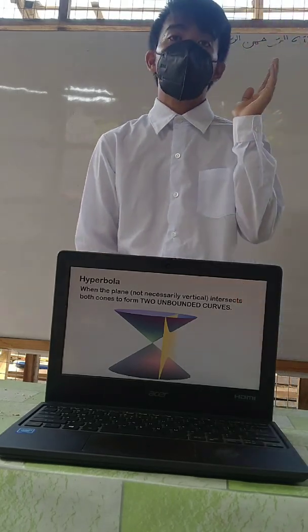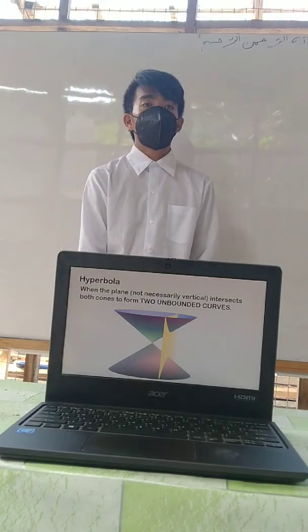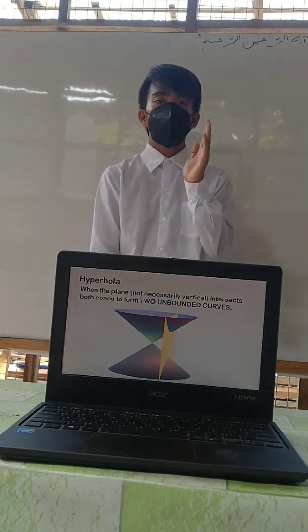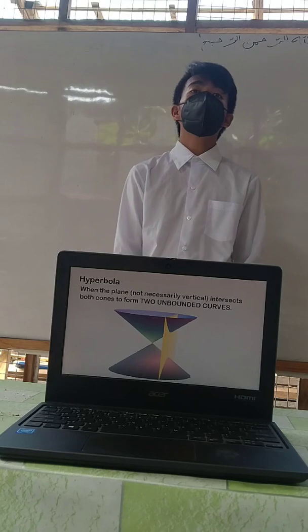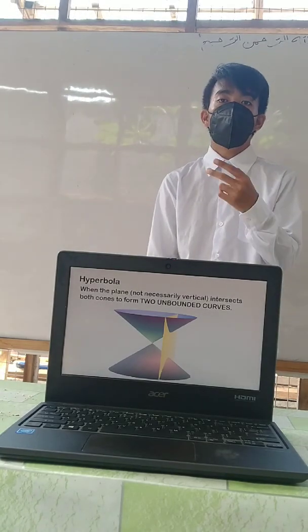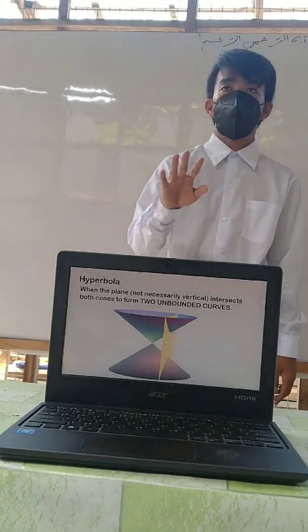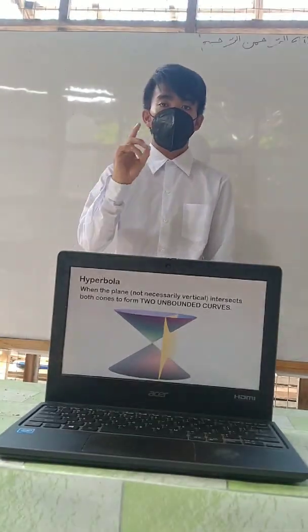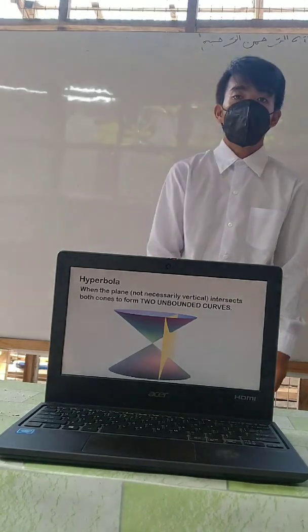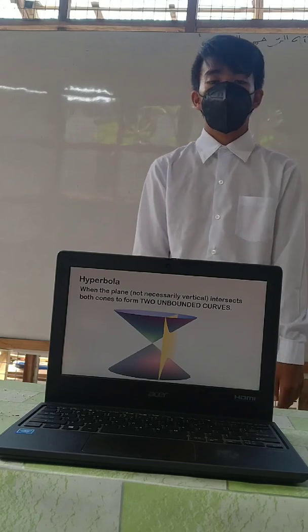The plane is not necessarily vertical, but it can intersect two cones and form two unbounded curves. Note, parabola is one unbounded curve. Hyperbola is two unbounded curves.